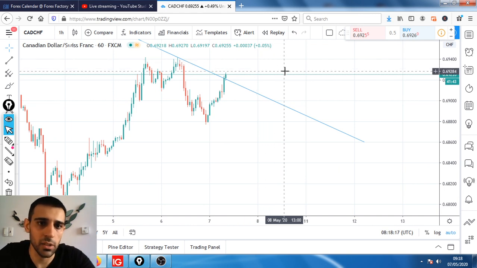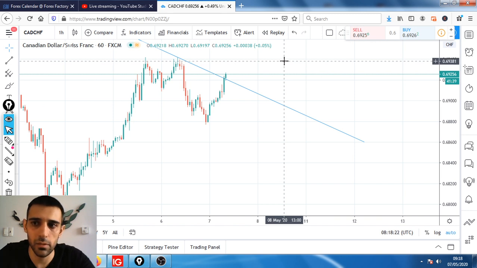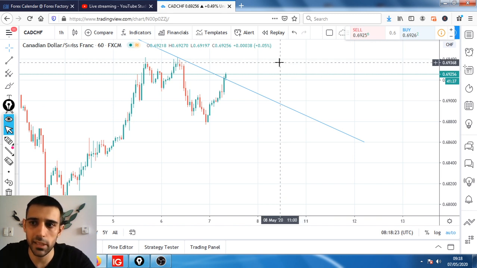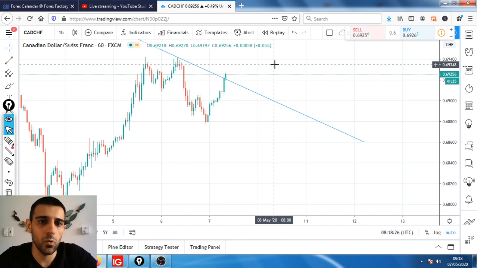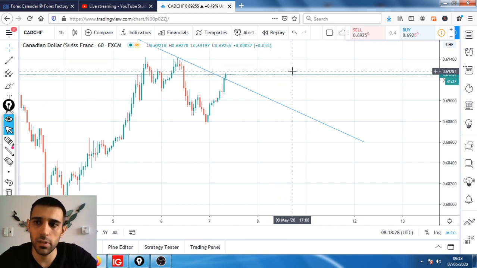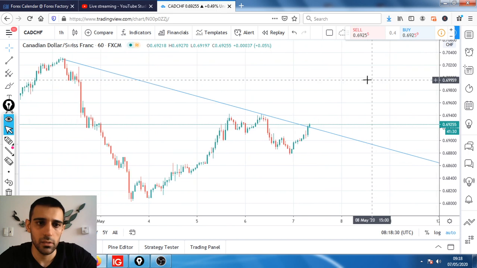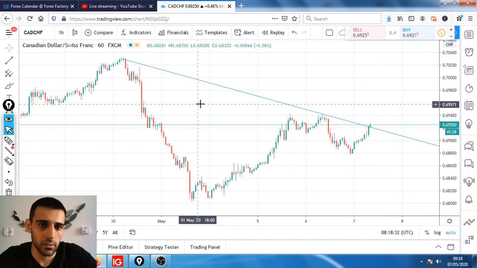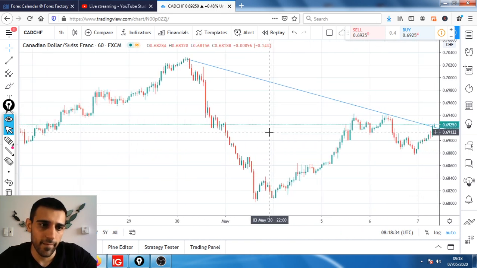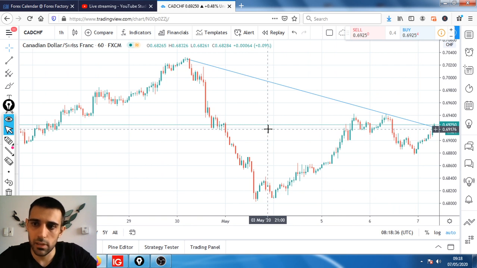If the price comes up and closes at roughly the 69.35, 69.40 zone, then the retracement down to this level. Okay, this is a bit too far away.